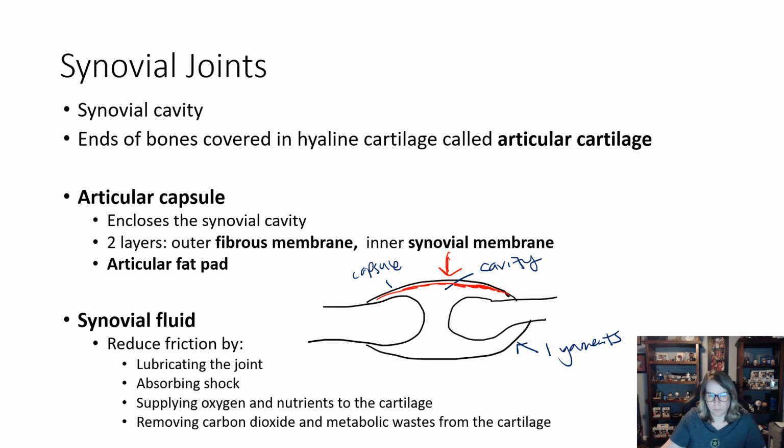Now, one other structure that we can see in a synovial joint is an articular fat pad. This is basically just some fat that you'll see in the synovial membrane. If you recall back to the chapter on membranes, you could see the synoviocytes lining the synovial cavity, and embedded in that membrane were some little globules of fat.